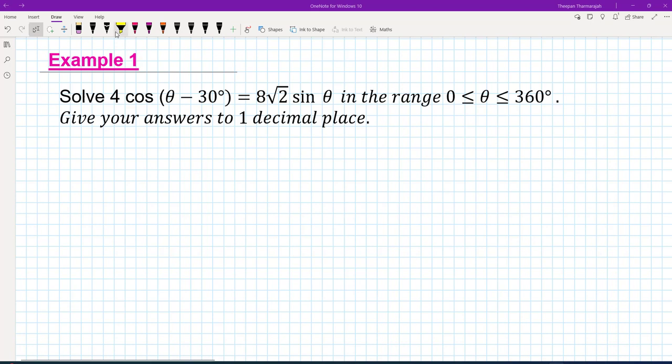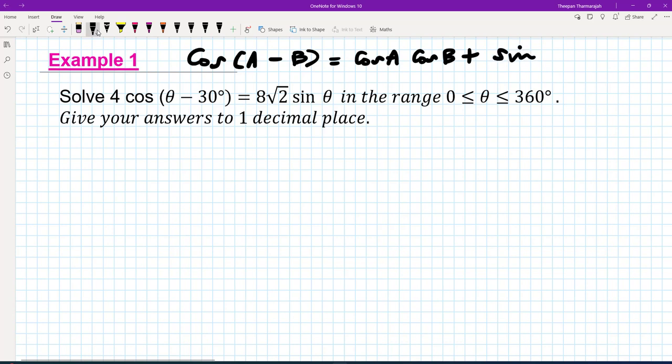So we could start off by using the addition formula for this, and you should be aware that cos(A minus B) is exactly the same as cos A cos B plus sine A sine B. So we're going to use that here to expand this bracket.